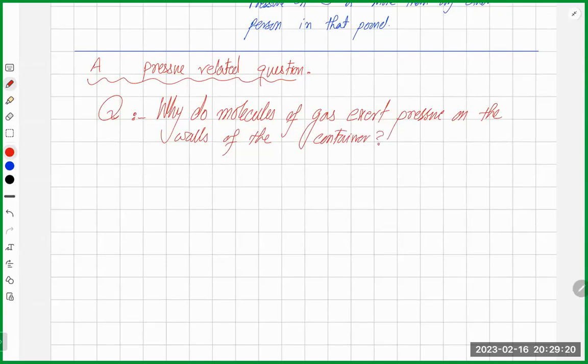So there is a gas which is trapped in a container. Why do the molecules of gas exert pressure on the wall of the container? Answer: is it because they're constantly colliding with the walls? Yes. But this will be a 3-mark question.